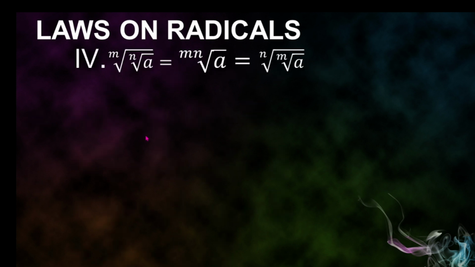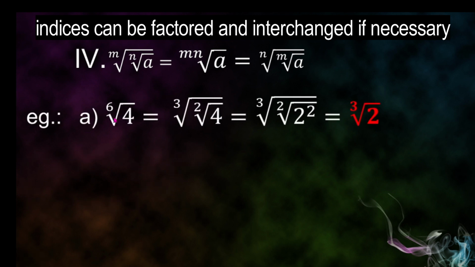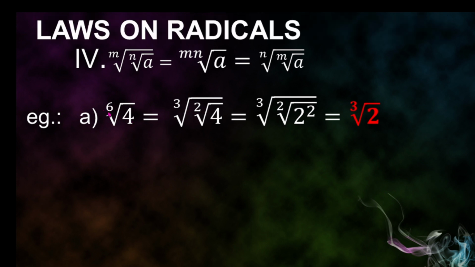Next is the mth root of the nth root of a, which is equal to the nth root of the mth root of a. Meaning we can interchange the indices of our radical expression. For example, we have the sixth root of 4. Our index, which is 6, could be factored as 3 times 2 or 2 times 3.